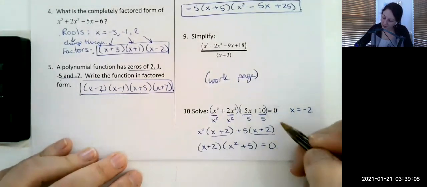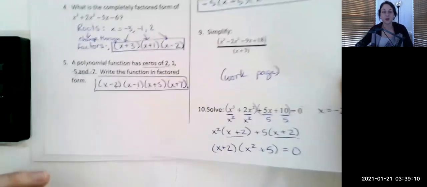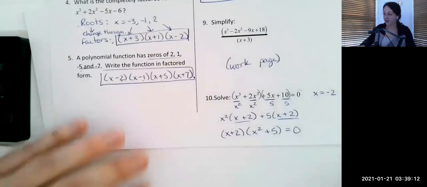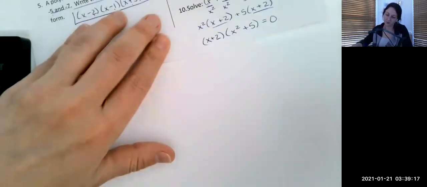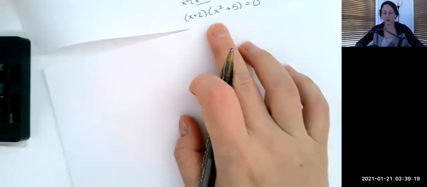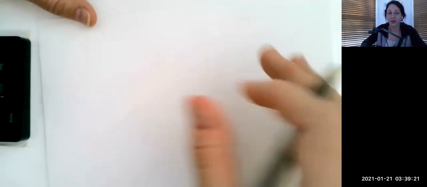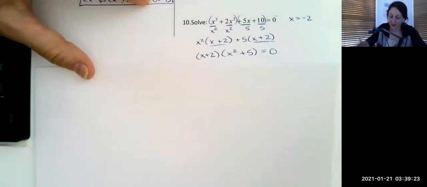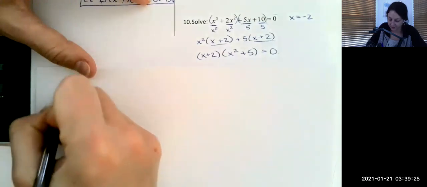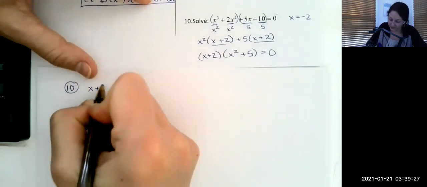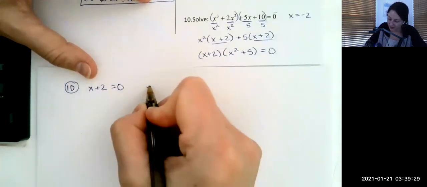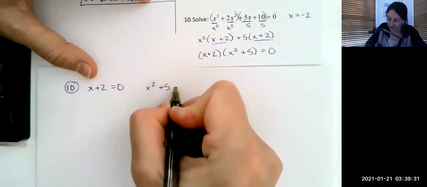So I still have the equal to 0. When I transfer this to my work page for number 10, because I'm out of room already, x plus 2 equals 0 and x squared plus 5 equals 0.